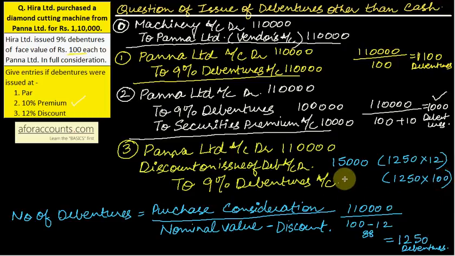That comes up to 1,25,000. That is, see, debit दो चीजें हो रही हैं. Take the total 1,10,000 and 15,000. That comes up to 1,25,000. In the credit, you have again 1,25,000. So you are correct. So this is how we do the entries when we issue the debentures other than cash.